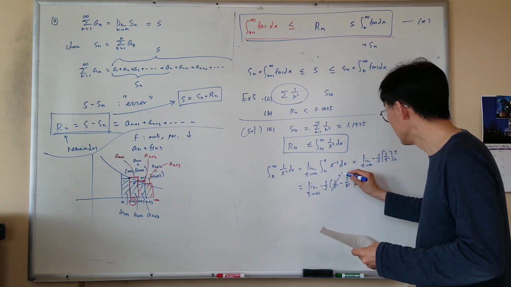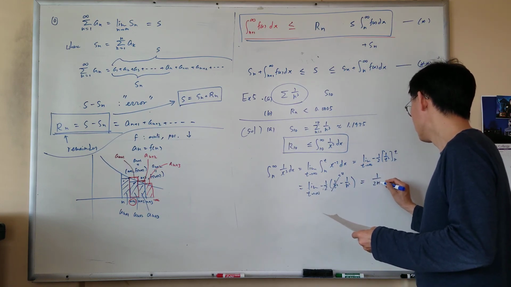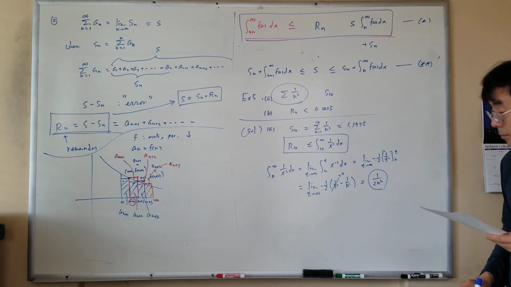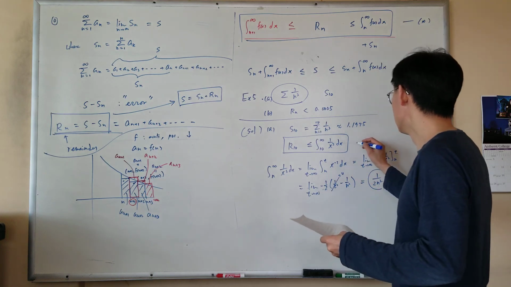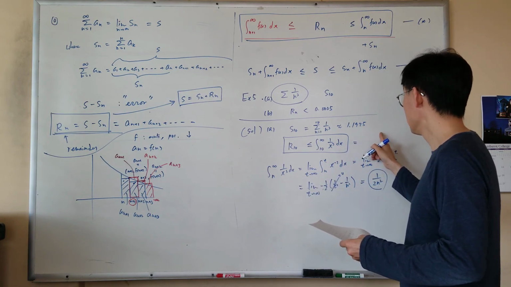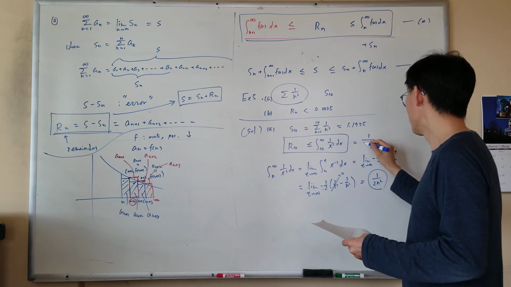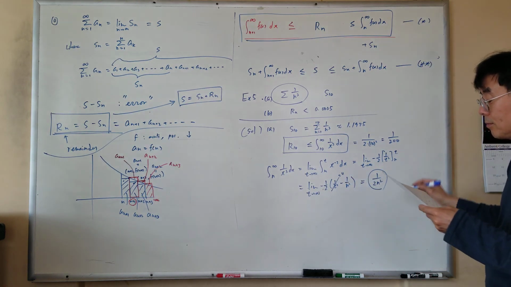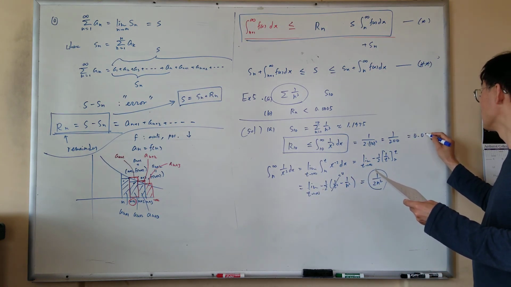This one goes to 0, so it's 1 over 2n squared. Okay? So starting from n equals 10, this is 1 over 2 times 10 squared, 1 over 200, or 0.005.